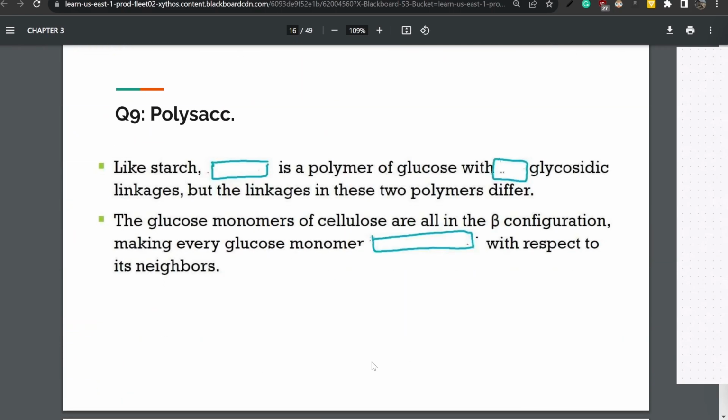Polysaccharides, like starch, blank is a polymer of glucose with 1,4 and 1,6 glycosidic linkages, but the linkages in these two polymers differ. Like starch, chitin is a structural polymer.